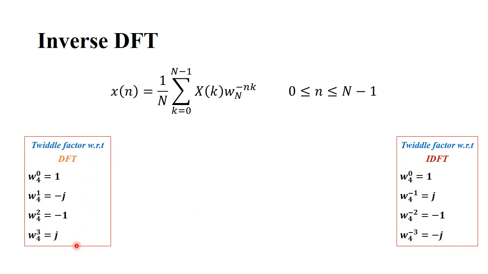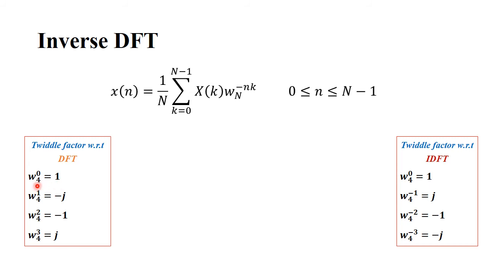Complex conjugate in the sense, if a complex value is present, then if you take the conjugate of that, the sign of that complex value is going to reverse. If minus is there, then it will become plus. If plus is there, it will become minus. So that's what we say complex conjugate. For a real value, the complex conjugate is not going to change its sign. It will remain as it is.